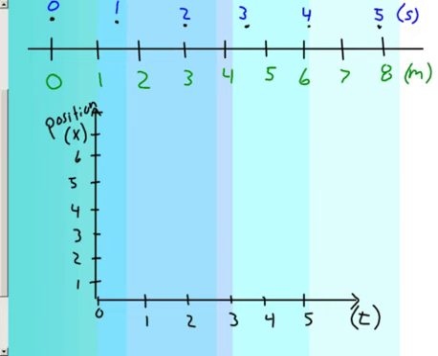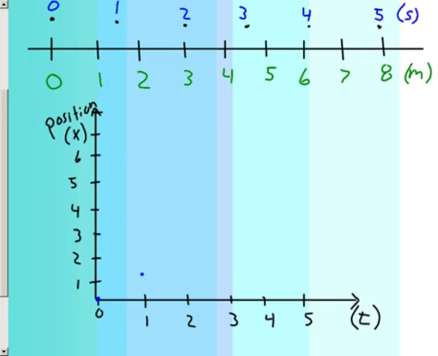It's 0, easy enough. Let's put a dot right there. At time equals 1 second, where are we? Looks to me like we're at about 1.5. So go over to 1 second, go up to 1.5 and put a dot. I want you to fill in the rest. Pause me, work ahead, and then start me off.